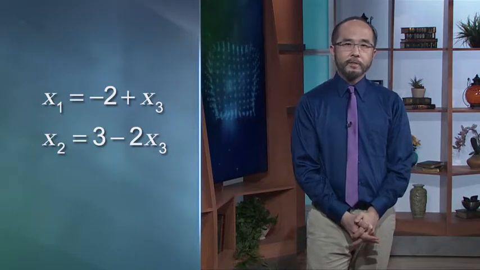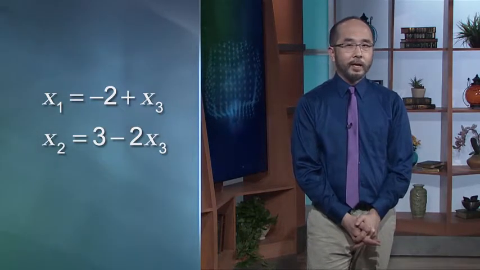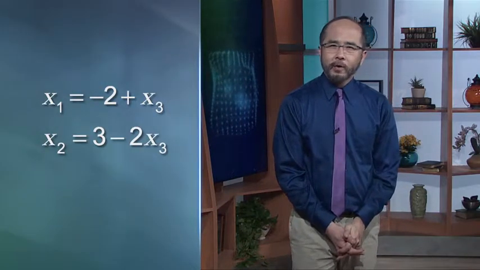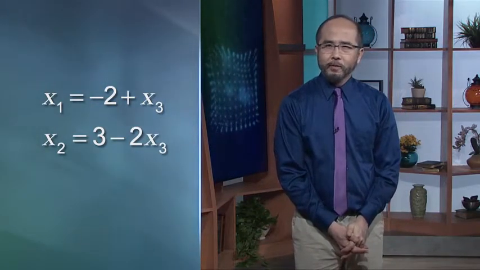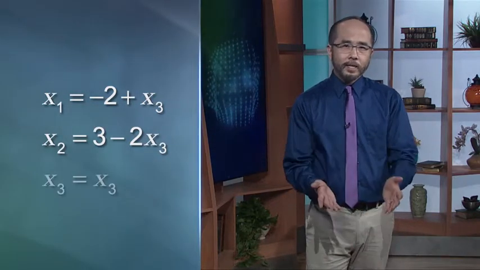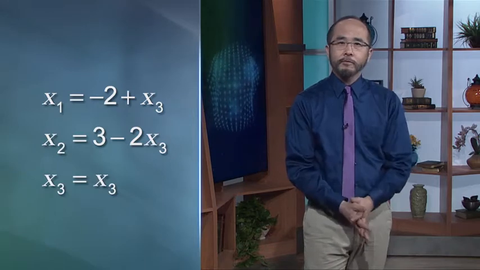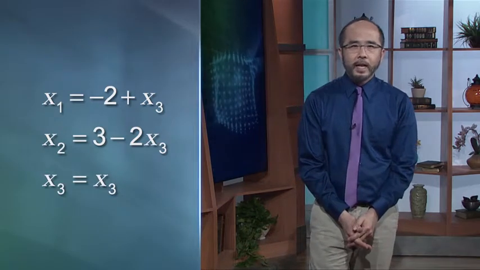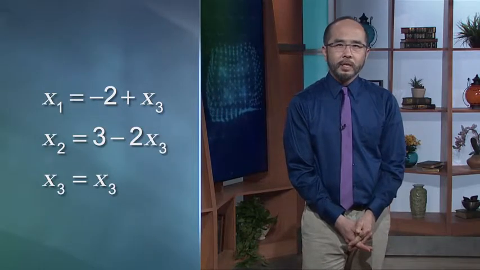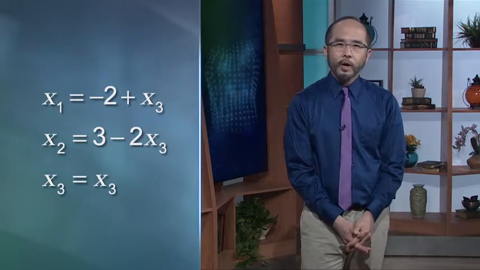How do I express that in terms of x3? Although the RREF doesn't give us an equation that expresses x3 in terms of x3, that's okay, because I don't need one. It's obvious that x3 equals itself. So then I get a set of 3 equations expressing the set of solutions in terms of x3, the one free variable.